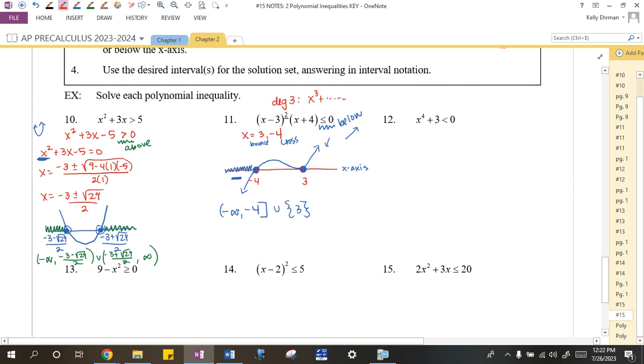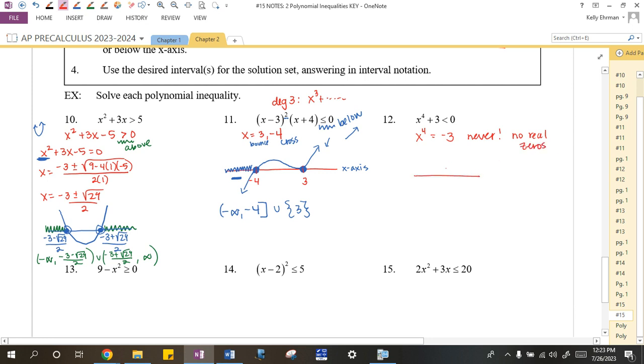So this is already compared to 0. I can't factor that. If I try saying when is x to the 4th equal to negative 3, that answer's never, right? You can't take the 4th root of something and get a negative answer, or you could also think of this as I might get imaginary numbers. So there are no real zeros, no x-intercepts.